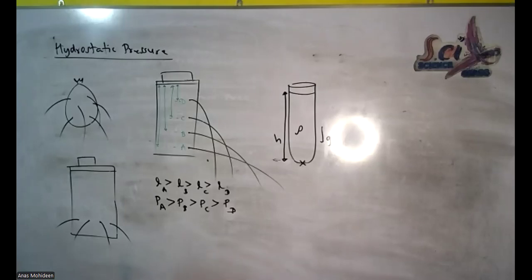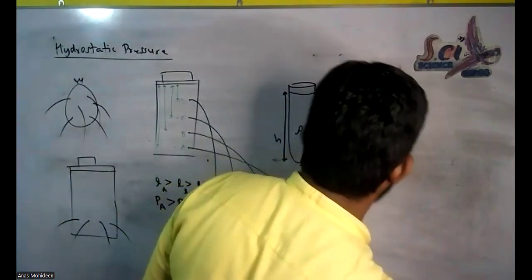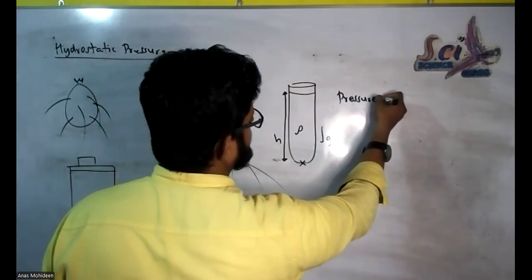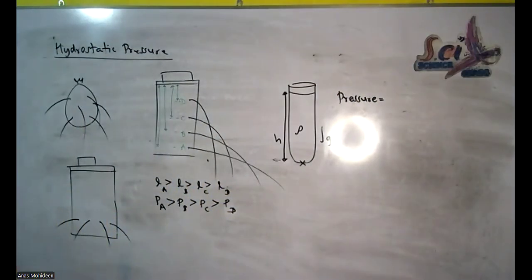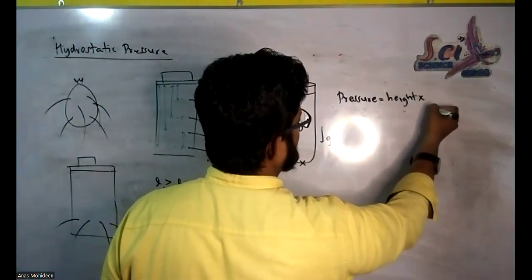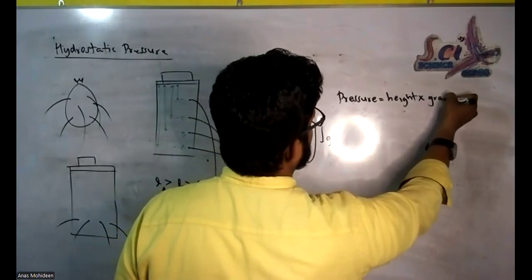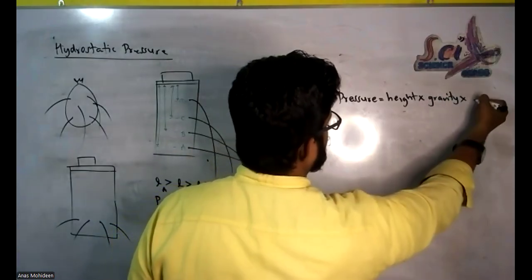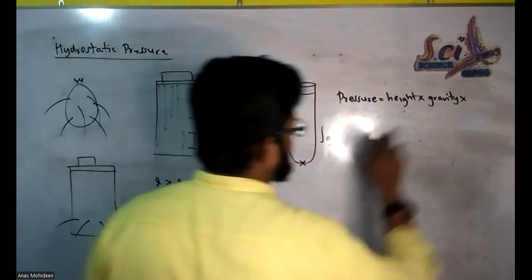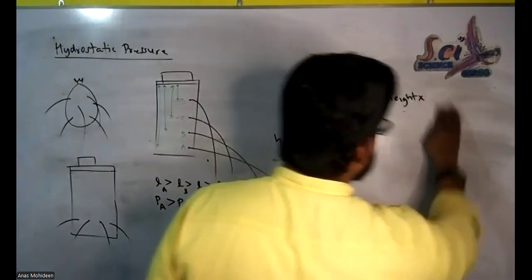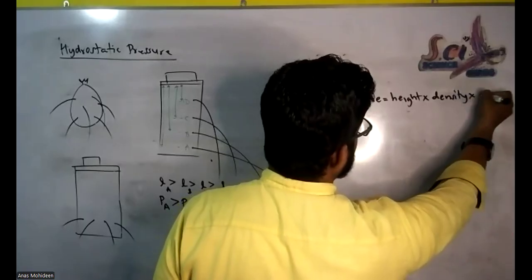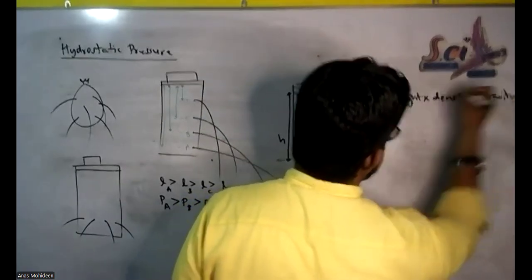So how do we calculate this pressure? The pressure equals height of the liquid column into gravity into density. Let me rearrange it. It's easy if we take the density first, then height, and the gravity.